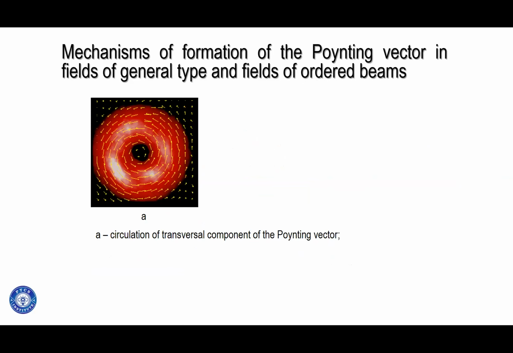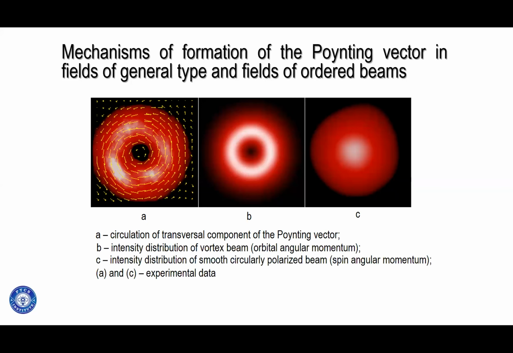Let us turn our attention to a well-known fact. If a significant angular momentum is formed in the vicinity of a certain point of the field, then circulation of the Poynting vector is observed in this region.